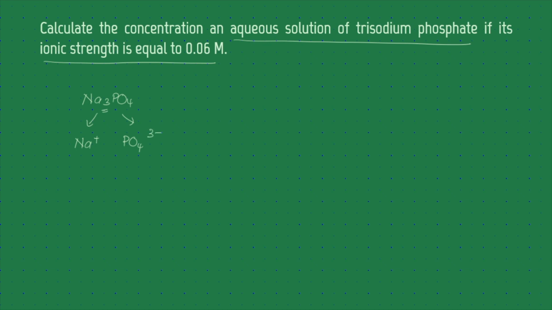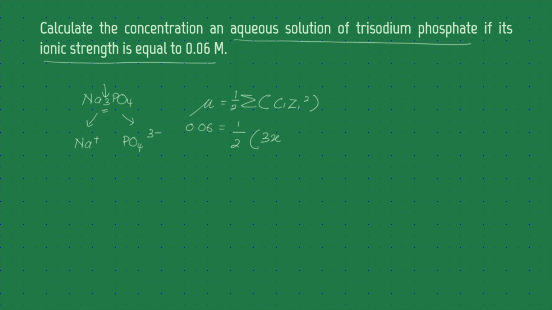So from there you can use the ionic strength formula, which is equivalent to 1 over 2 the summation of the concentration and the charge to the power of 2. Given to you in the question is the ionic strength. So ionic strength is equivalent to 0.06, which is equivalent to 1 over 2, and then the first one we are going to do is 3x, because we have 3 sodium here.